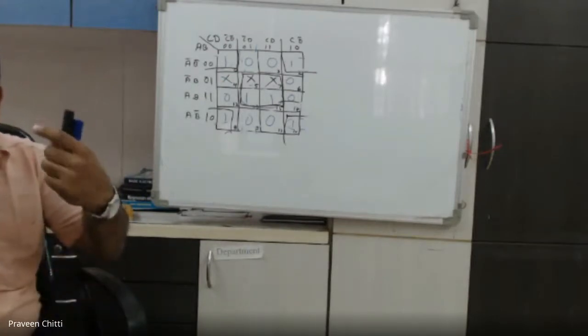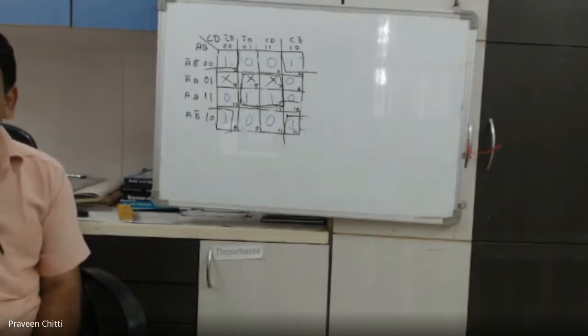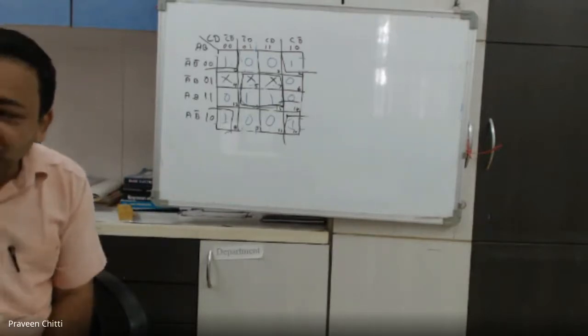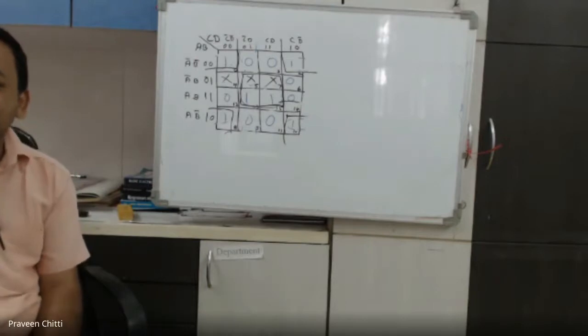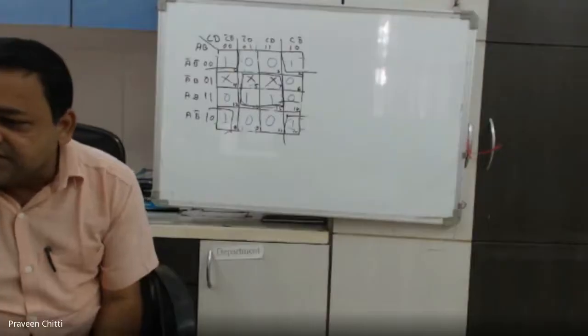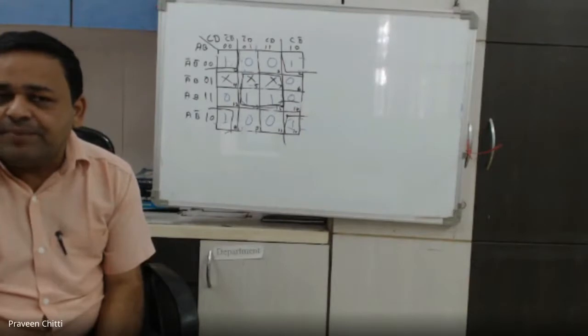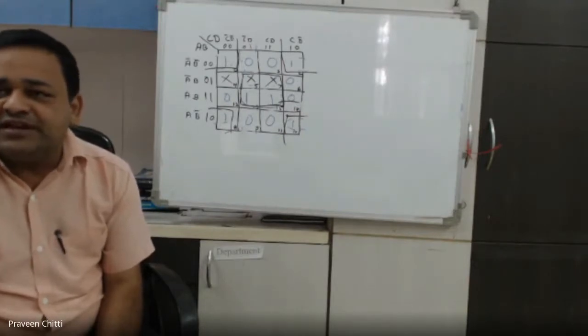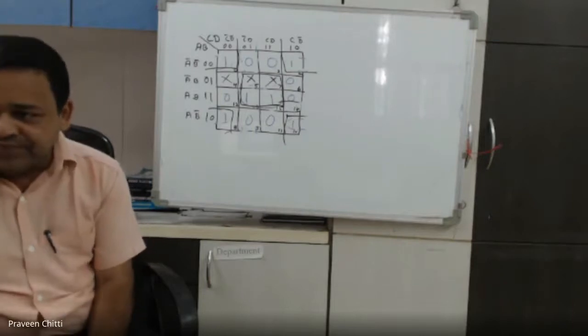Zeros we should neglect. We should not bother about the zeros, right? But we can't neglect even a single one. All ones should be covered in some group. Now, what about the don't cares? What is the condition for don't cares? Whenever you are forming the groups in a K-map, a very important condition is that all the ones present in the K-map must be covered, right?